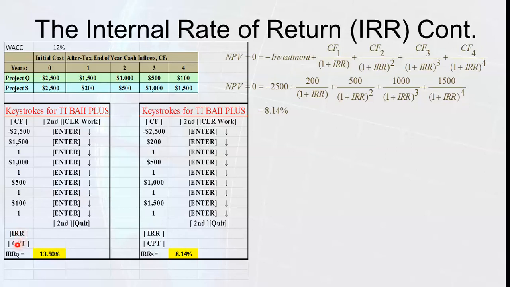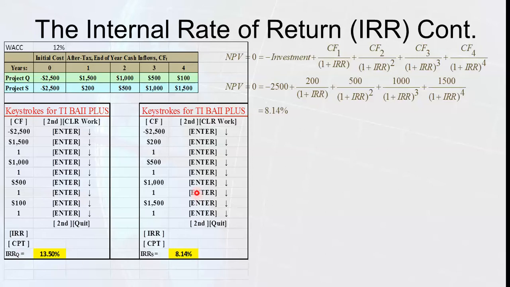It says compute, so press compute. You'll receive 13.33%. According to the rule, accept the project if IRR is greater than the discount rate. So here 13.5 is greater than 12%, so we're going to accept project Q.